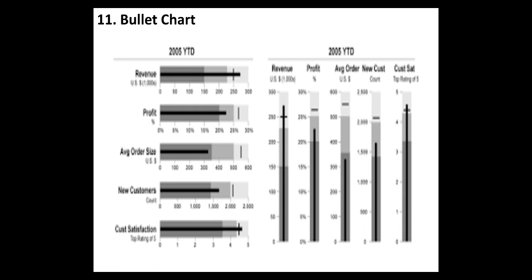A bullet graph reveals progress towards a goal, comparing this to another measure and providing context in the form of rating or performance. By showing the information in the form of a bullet chart, we can easily identify whether we are going the right way, whether our progress is towards the goal or not.